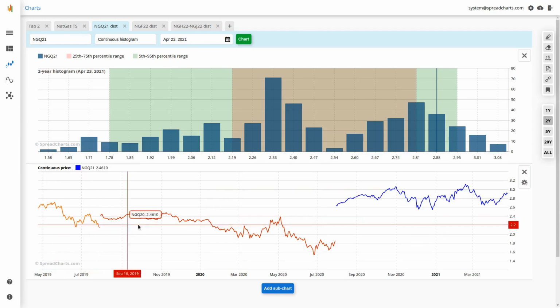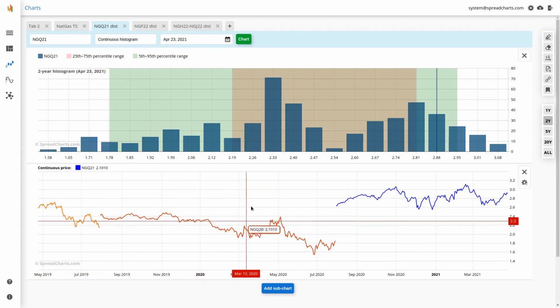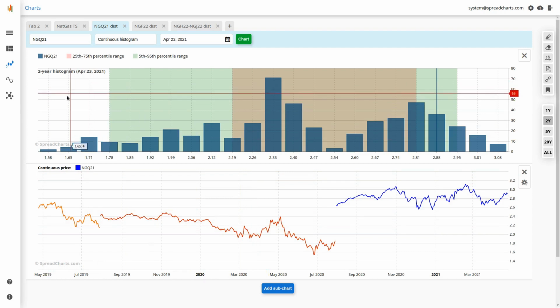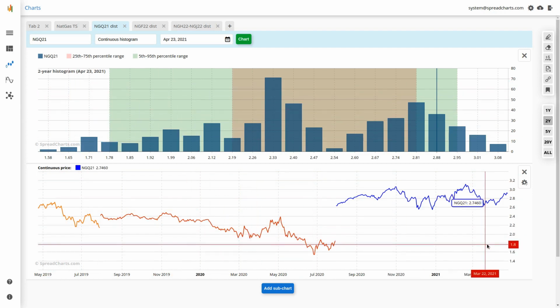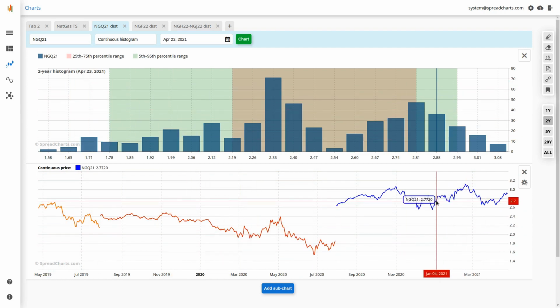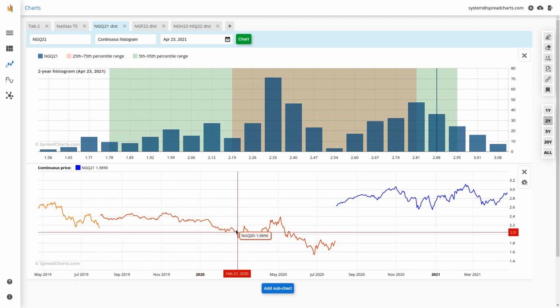In fact, it's the bottom subchart. The top subchart is the statistical distribution for the chart below. It's for the same August expiration, so it's basically the same quantity, just expressed in a different way.